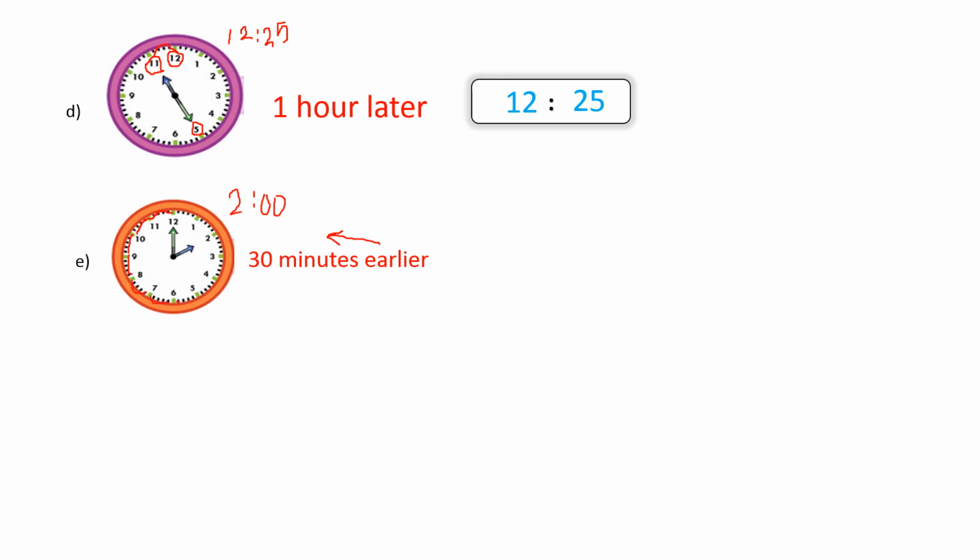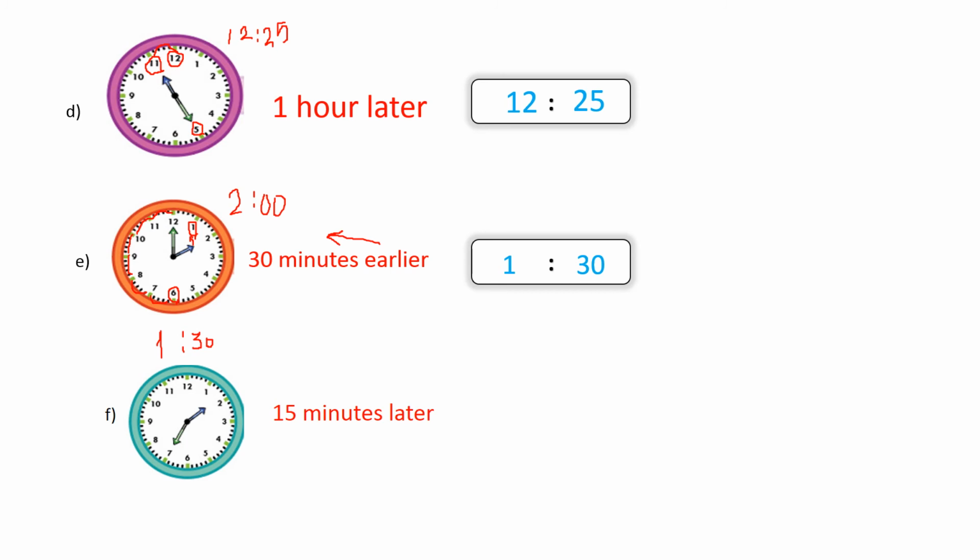It will be at 6. So the long hand will be at 6, so it's 30 minutes. And the short hand for the hour will go backward to be at 1. So the time will be 1:30.